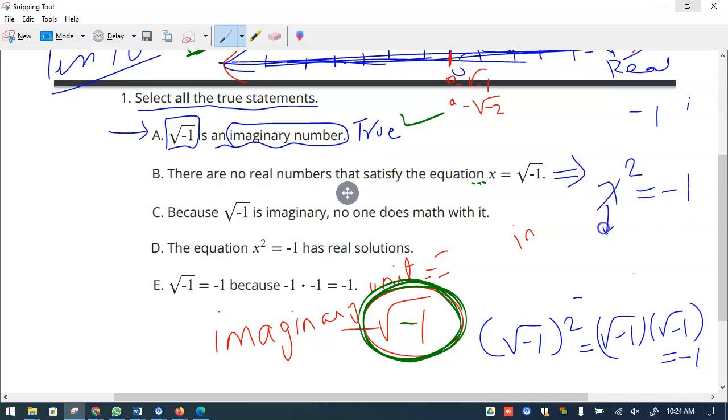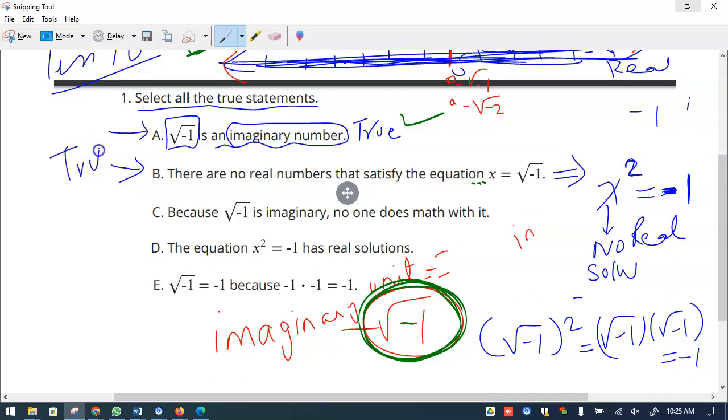And we say there is no real solution, which means there is no real number on the line. You don't have any number on the line that will make it equal to minus 1, because we know that a square is always positive, it will never be negative. So this is also a true statement.